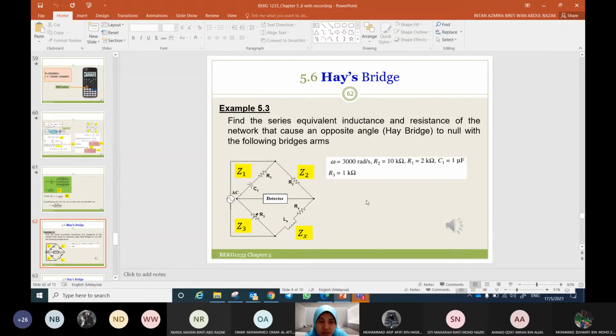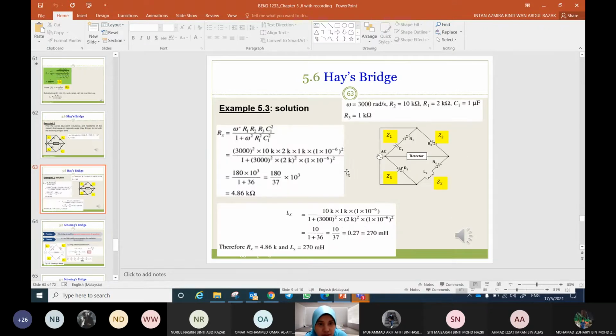So we just use the balance condition Z1 Zx is equal to Z2 Z3. R2, R1, C1, and R3 are given. But this solution just uses the formula, not deriving from the beginning. So usually we do not apply this method. We apply derivation.